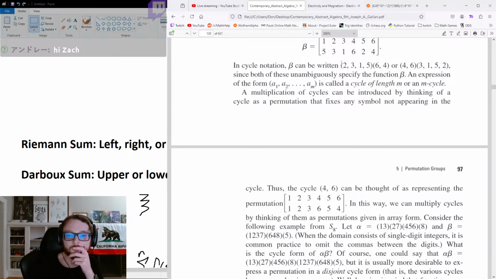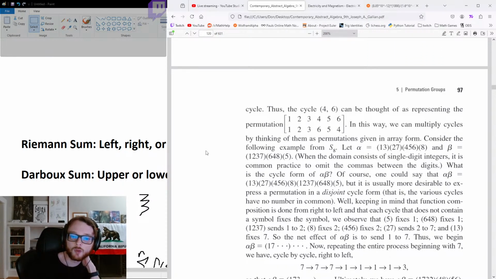Okay, so we're just talking about how, in this case, you can put this cycle second or first, but that may not always be the case. I wonder what one that's not going to be true, because if it holds everything else fixed, then the order shouldn't matter.